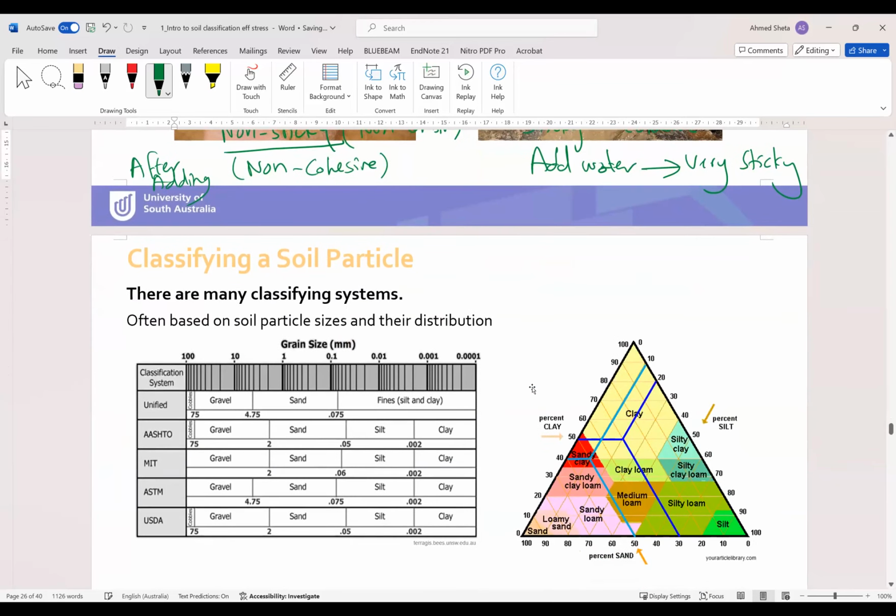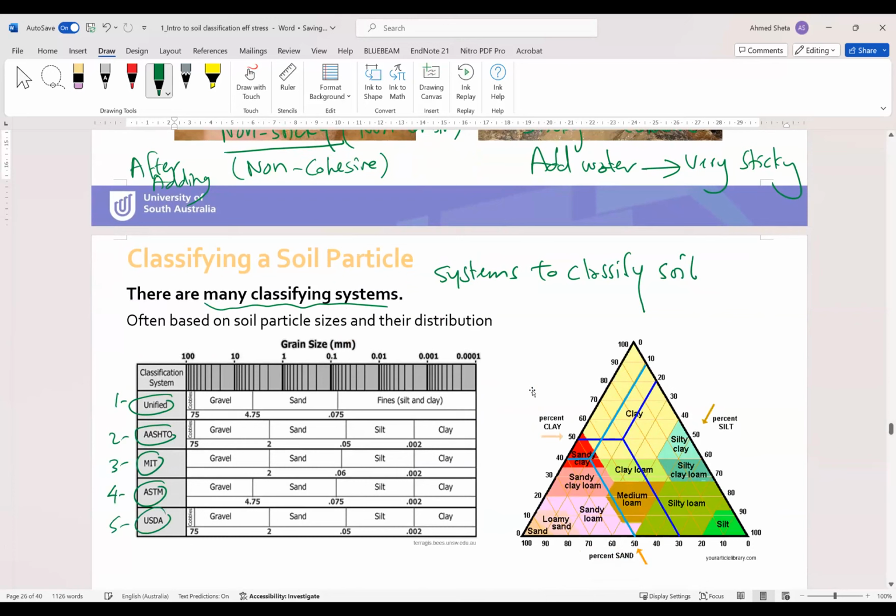In geotechnical engineering, we have many classification systems to classify soils. For example, we have the Unified system, the AASHTO system, the MIT system, the ASTM system, and the USDA system.